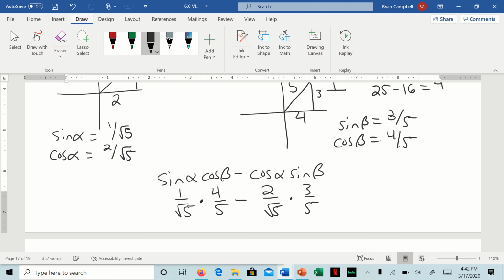When you multiply these together, you'll get 4 minus 6 over 5 times the square root of 5, which is just negative 2 over 5 square root of 5, which you can just leave like that. All right, 2 more and then we're done.